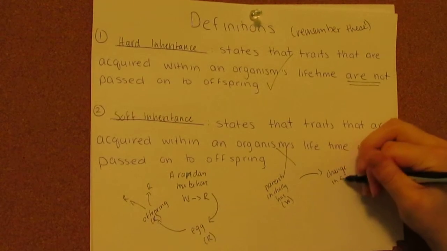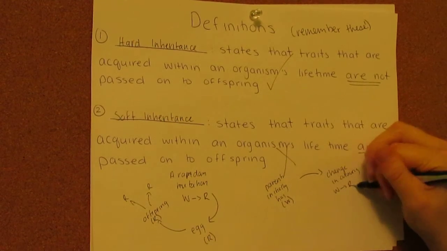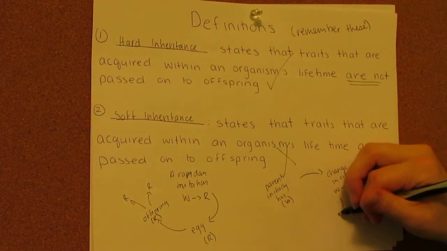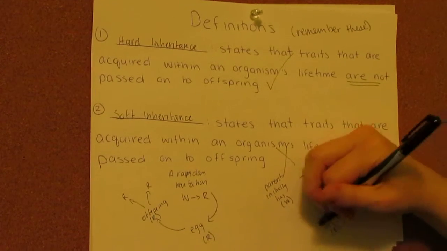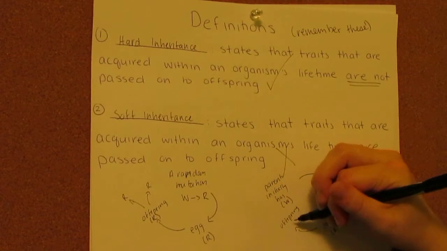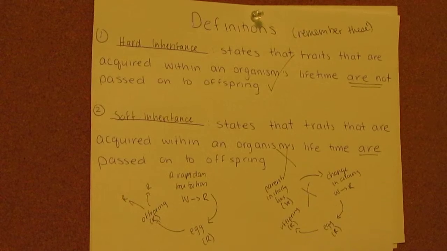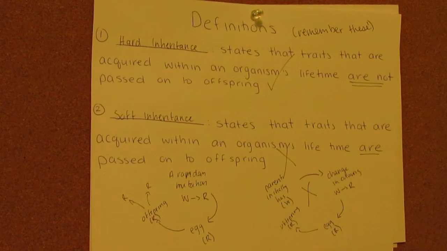So change in coloring from white to red. And what soft inheritance would say is that this is passed on to the egg, which would also have the R, and then the offspring would exhibit the red coloration. But in fact, this is not how it actually happens. It has to be within the genes that are passed on to the offspring, which is how hard inheritance works.